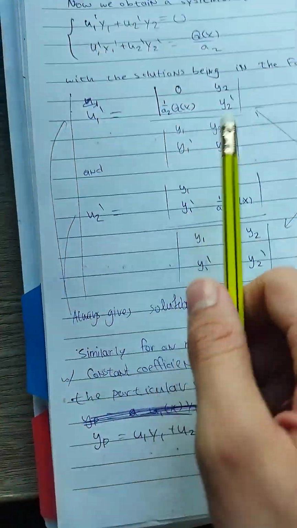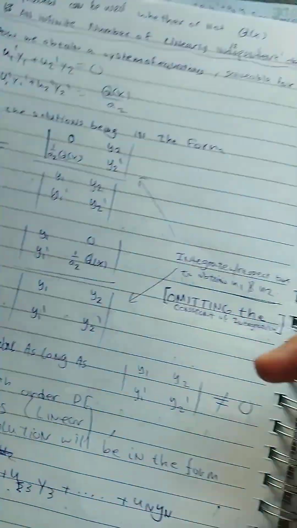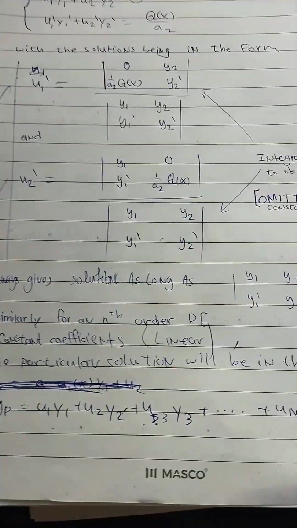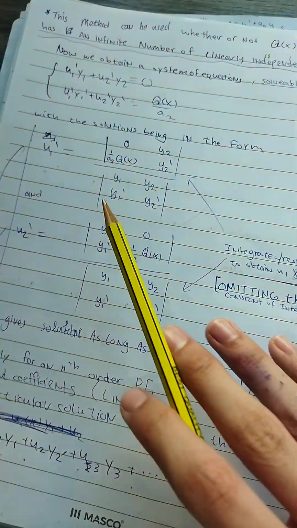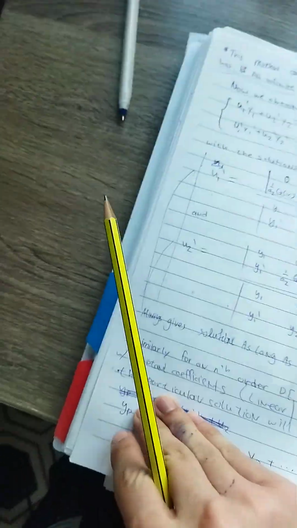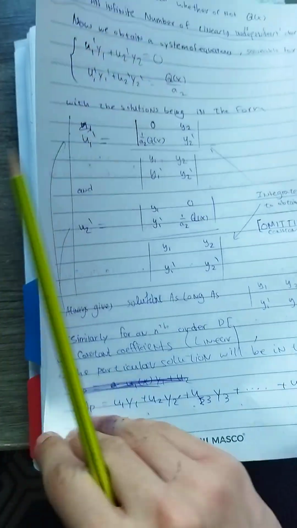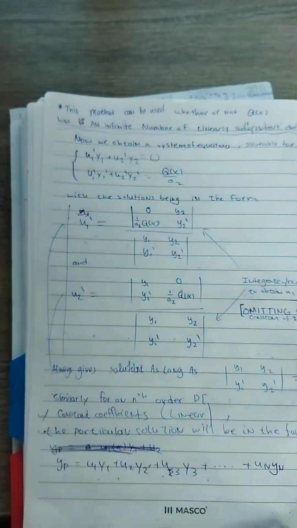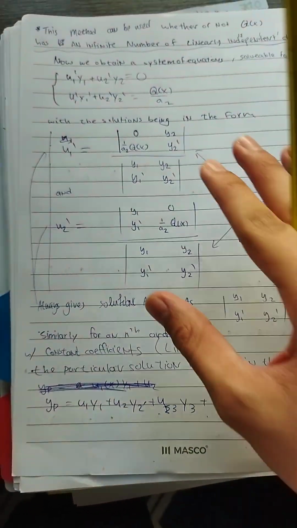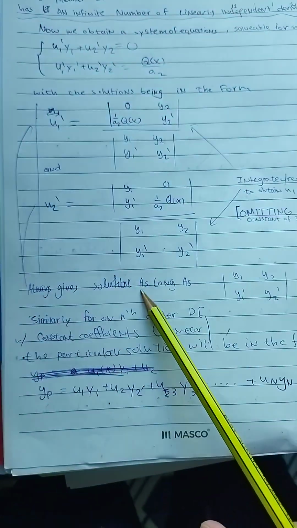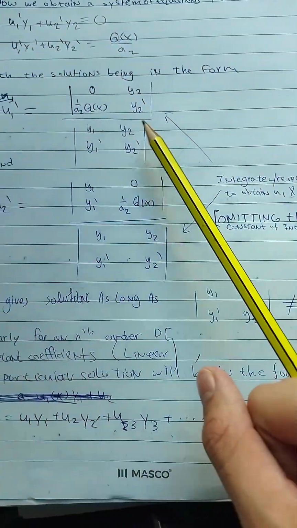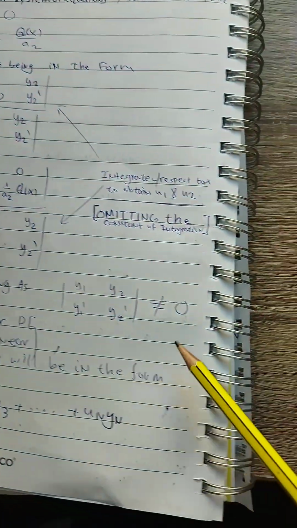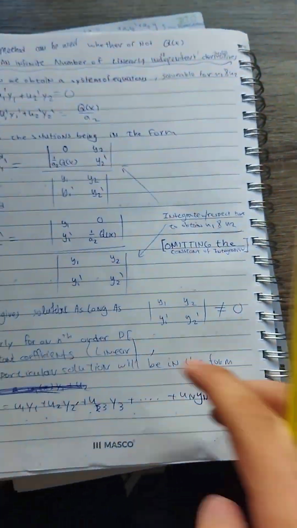So then you can integrate with respect to x to obtain u1 and u2, and thus also obtain the particular solution, which we defined to be u1 y1 plus u2 y2. And this equation always gives solutions as long as the determinant in the denominator is not equal to 0, right?